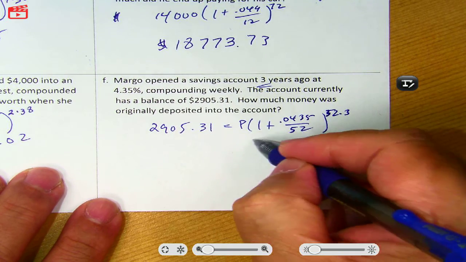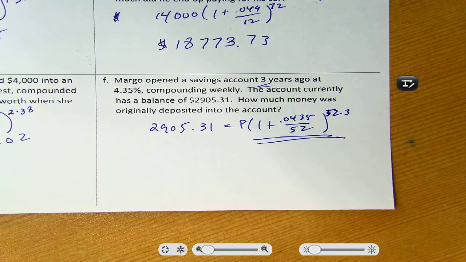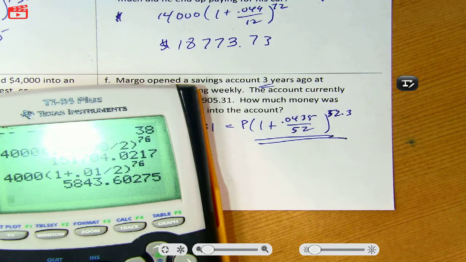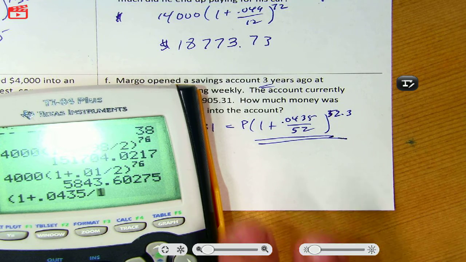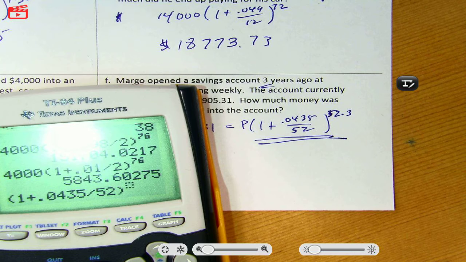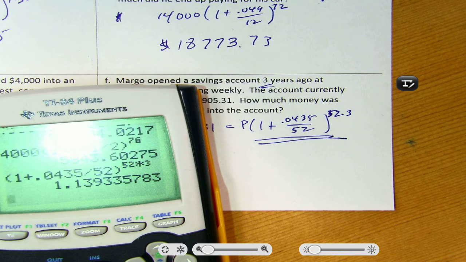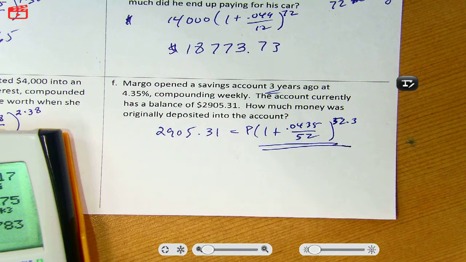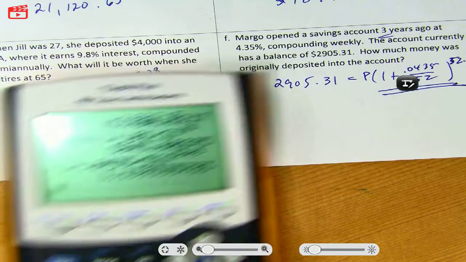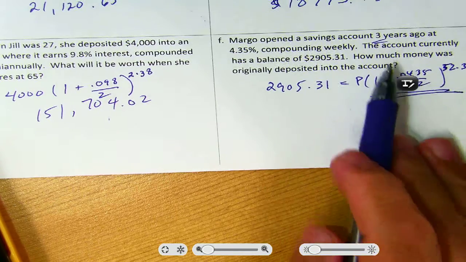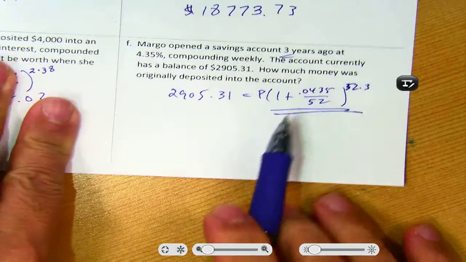So I'm going to put this piece in the calculator. So parentheses 1 plus 0.0435 divided by 52 raised to the 52 times 3. Now I'm going to take that number. So this long number represents this expression.